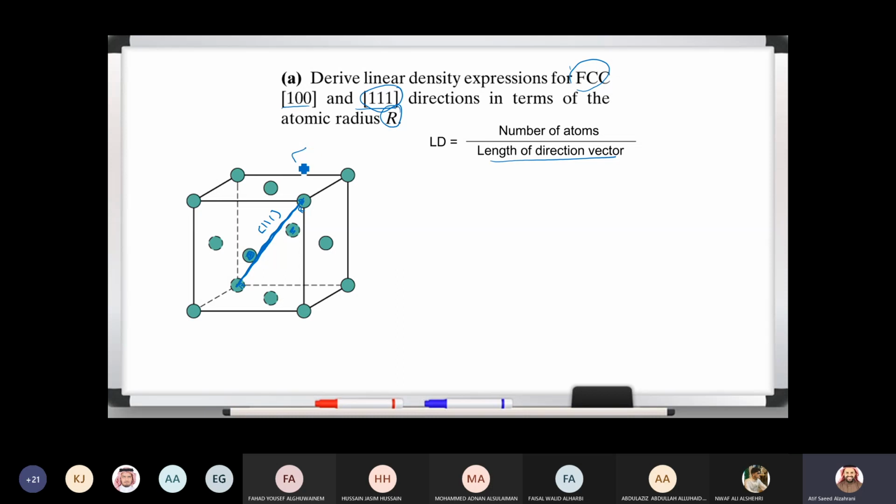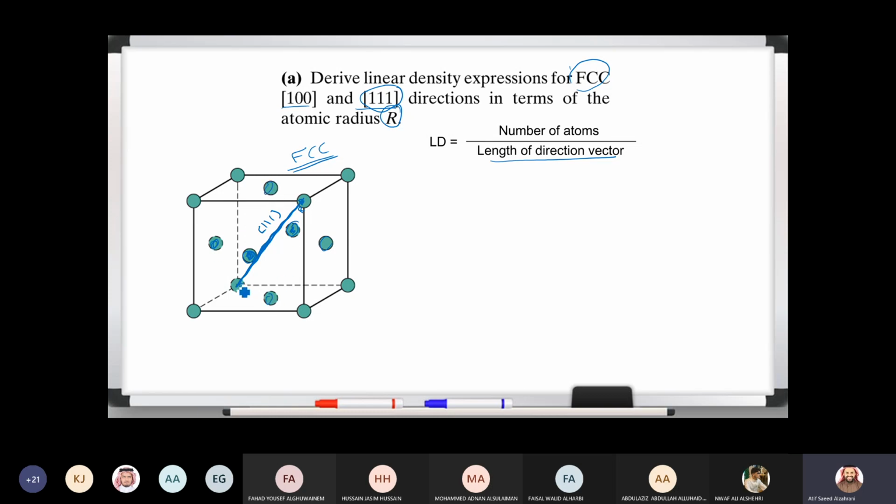This is an FCC. The face-centered cubic has the atoms on the faces, okay? They are on the faces, not within the cube itself. BCC, we have a complete atom within the cube. But for the FCC, all these atoms are on the faces.